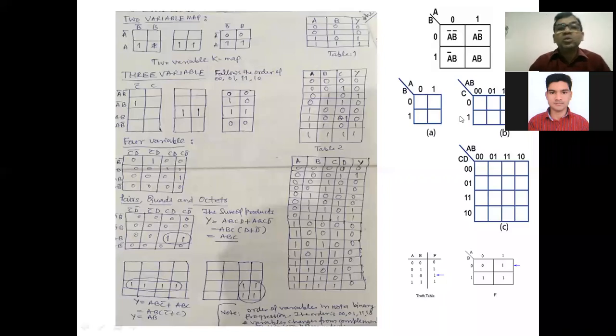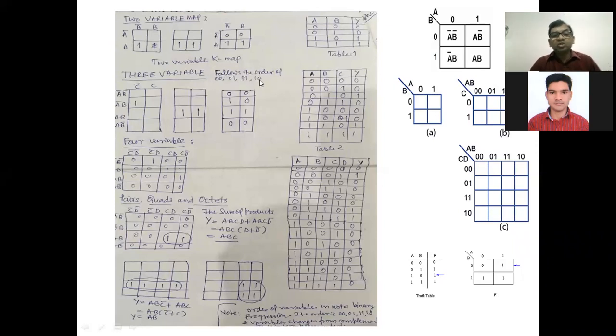Now we come to this side. Suppose, as here I have written, the following is the order 0, 0, 0, 1, 1, 1, 1, 0.